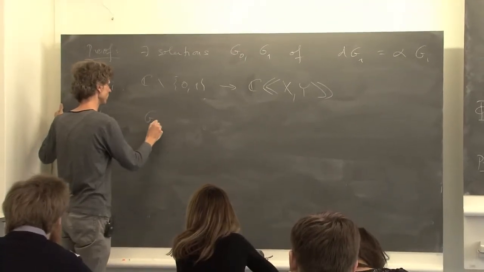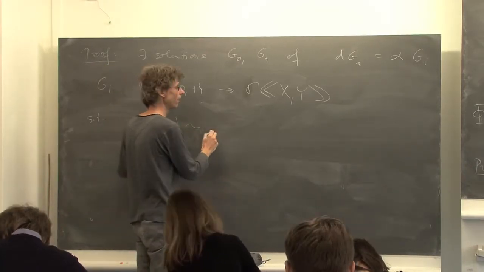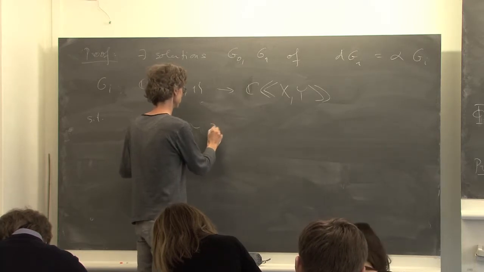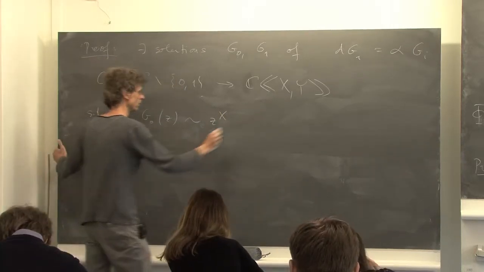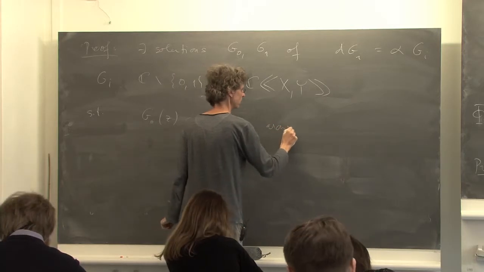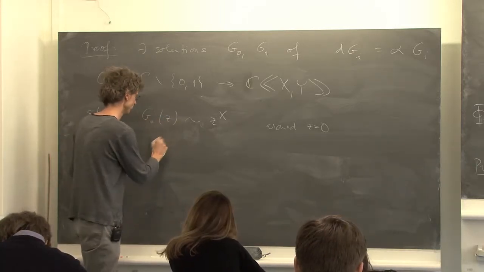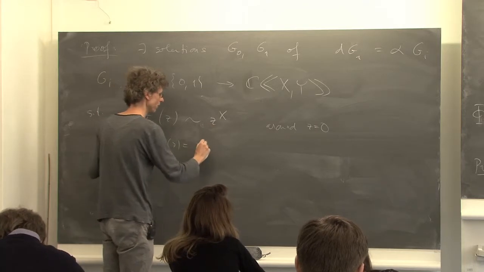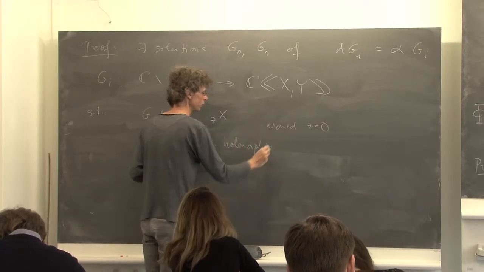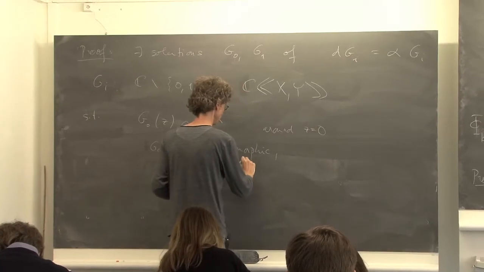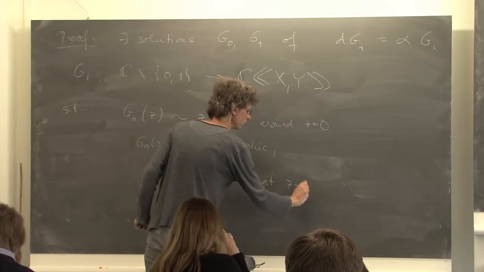So we want that G0(z) is asymptotic to z^X around z equal to 0, which means that G0(z) is equal to z^X times something which is holomorphic in z, and which is moreover equal to 1 at z equal to 0.